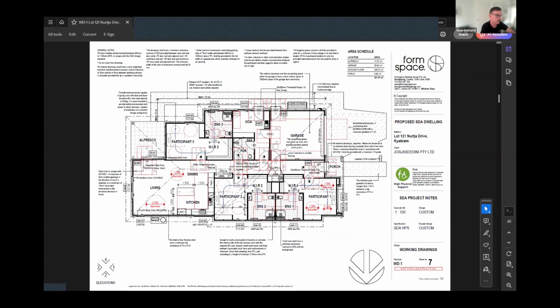With SDA dwellings, we need 35 millimeters, which lends itself to needing a performance solution via a hydraulic engineer to sign off on zero threshold ramping and the abutment of, for example, strip drains or threshold ramps.